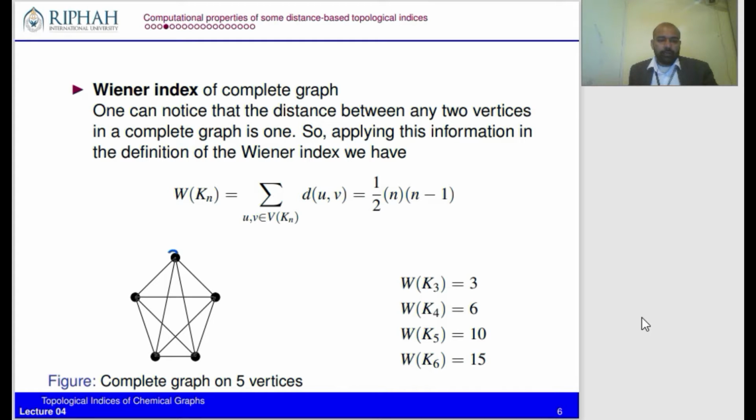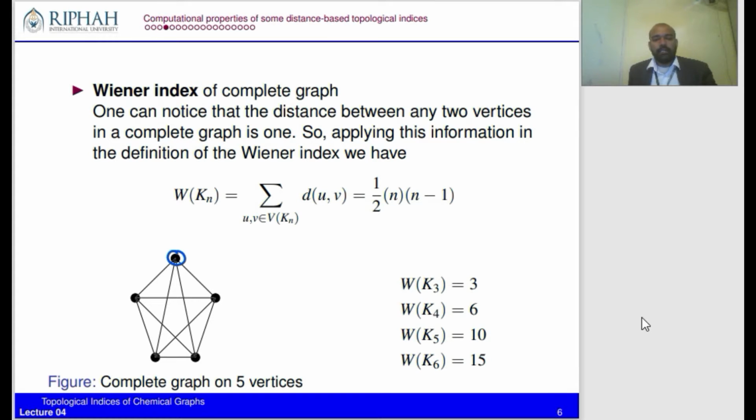So for every vertex V, there are n minus 1 other vertices with whom the vertex V has distance 1. The total number of vertices is n. So the formula is quite easily n times n minus 1, divided by 2.